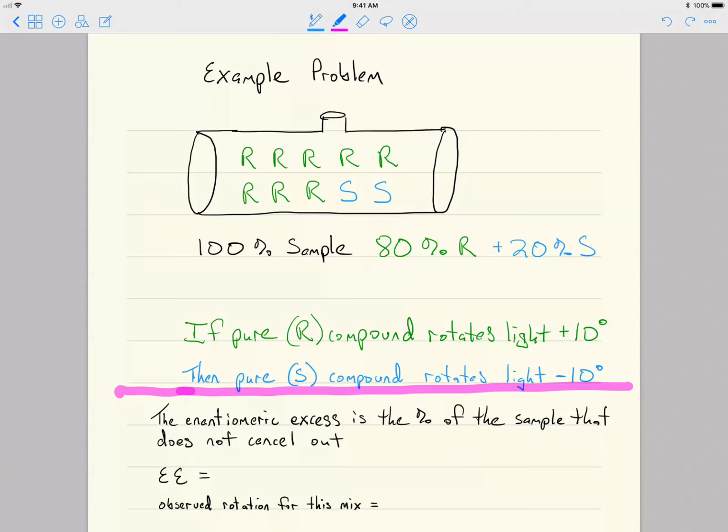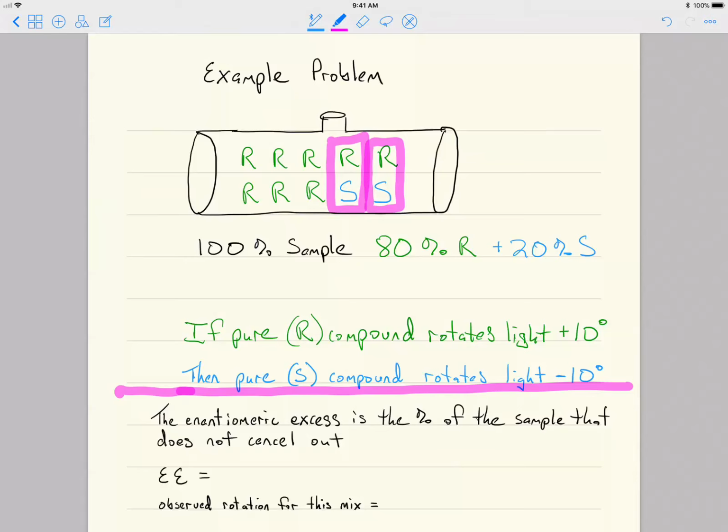As the light passes through this sample, some of the R compounds will cancel out with some of the S compounds. So an even amount of the R will cancel out with an even amount of the S. And then whatever is left over is what we call the enantiomeric excess.